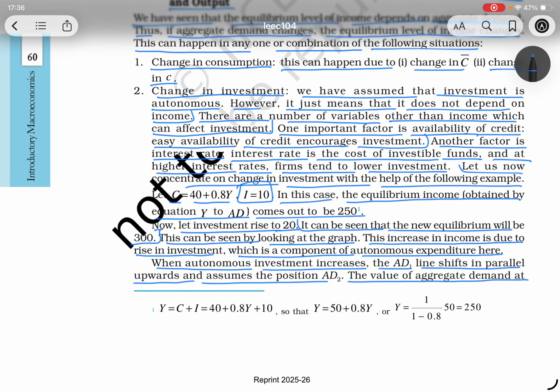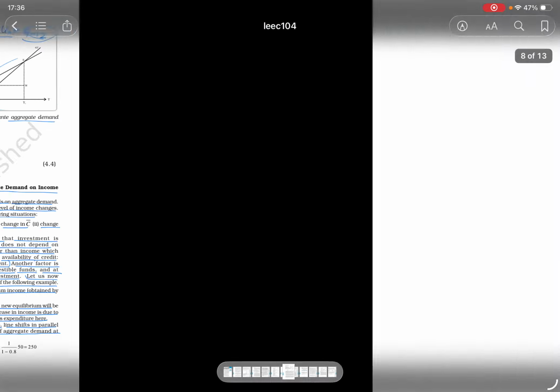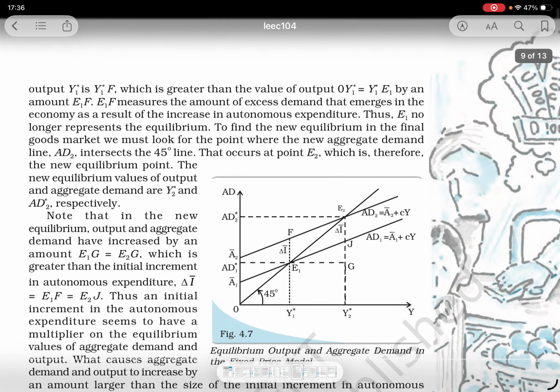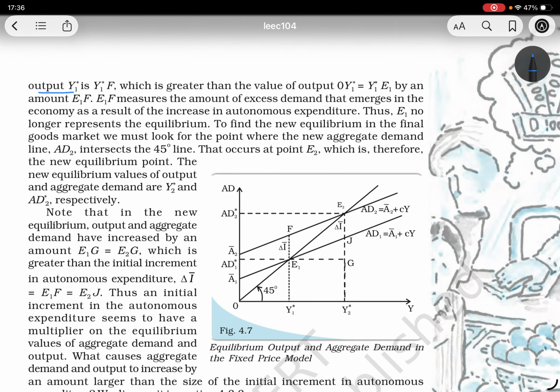The value of aggregate demand at output Y1 is Y1F, which is greater than the value of output OY1 equals Y1E1 by the amount E1F. E1F measures the amount of excess demand that emerges in the economy as a result of the increase in autonomous expenditure. Thus, E1 no longer represents the equilibrium.